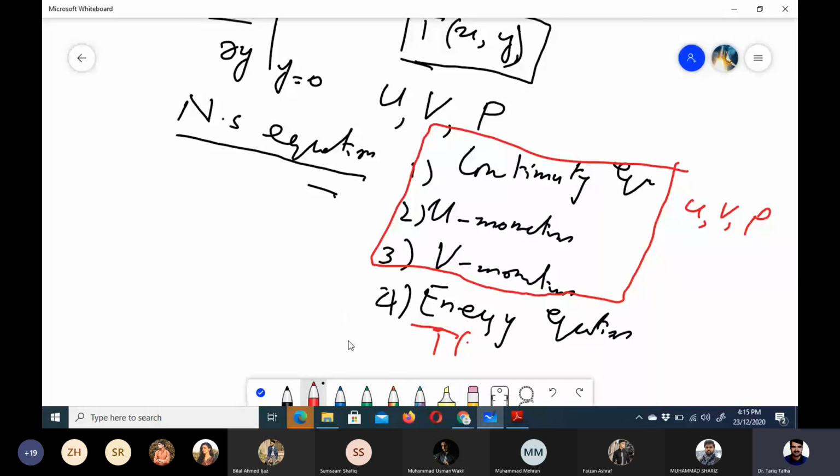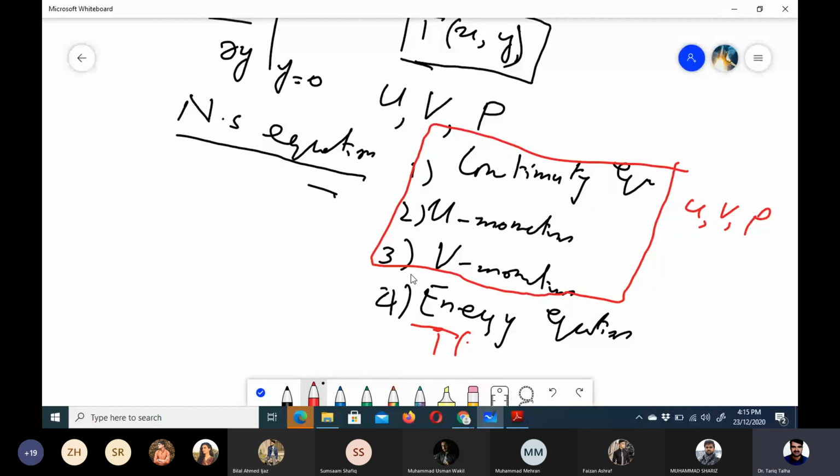So that is the main dilemma: we need to solve first u, v, and p, and after that we can calculate energy. That's why convection is quite challenging as compared to conduction.